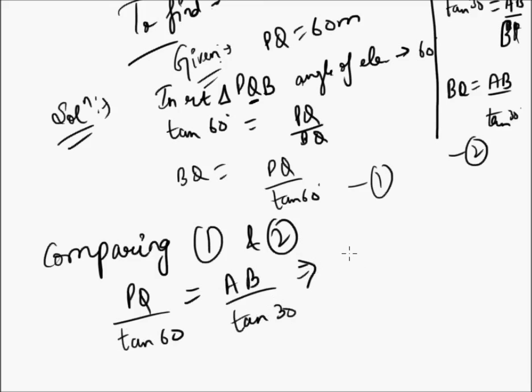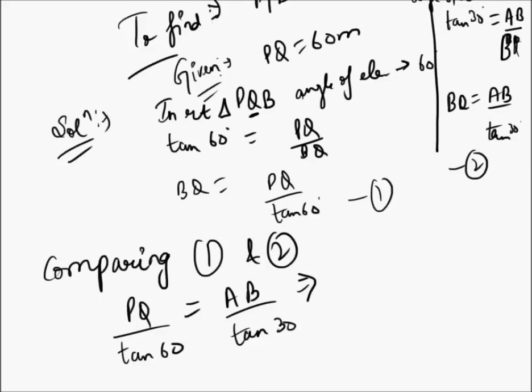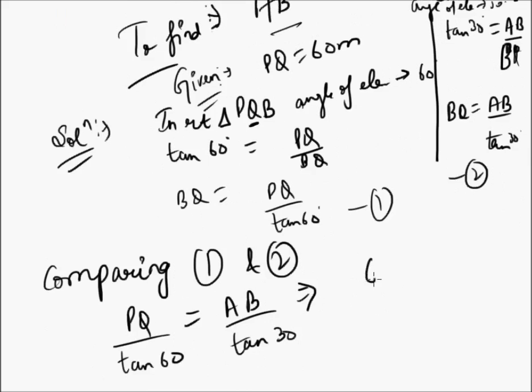Which gives us, now PQ is given as 60 meter and we have to find out AB. So 60 over tangent 60. Tangent 60, my dear friends, is under root 3. By properly substituting the values over and over again, you will get used to these trigonometric ratios.